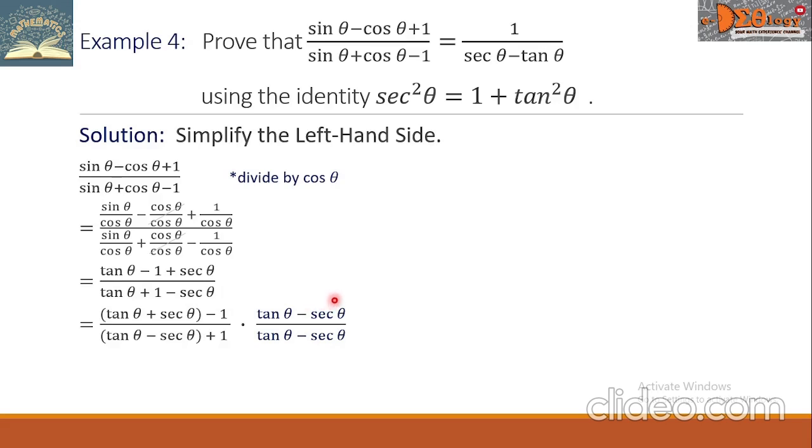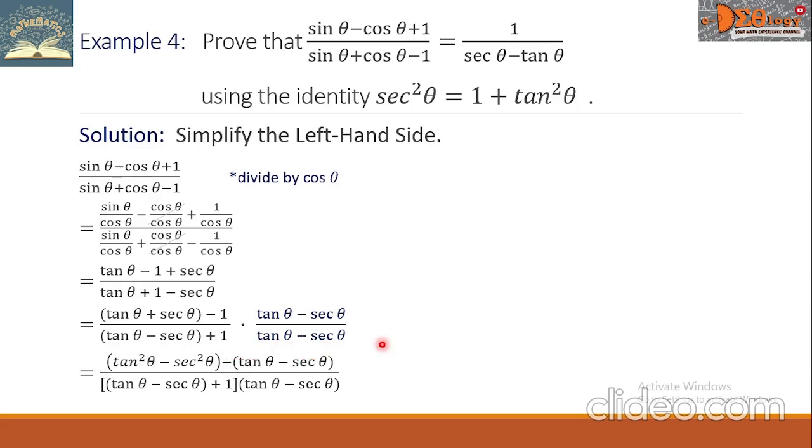So what we'll do here, we will multiply this numerator in this group and then in the negative one. So it becomes like this. Tangent square theta minus secant square theta minus the tangent theta minus secant theta. In the denominator, we'll just put them together.